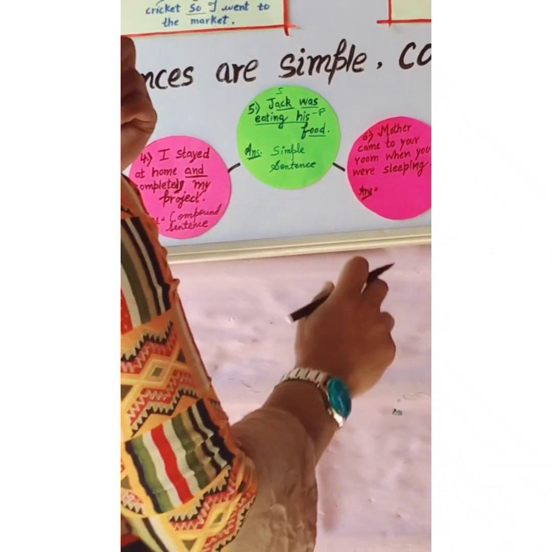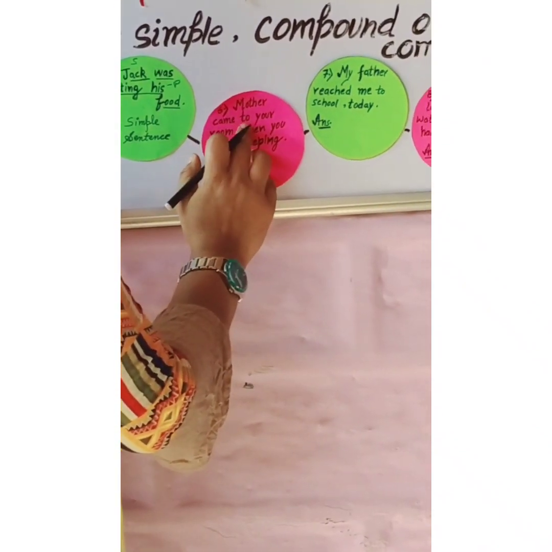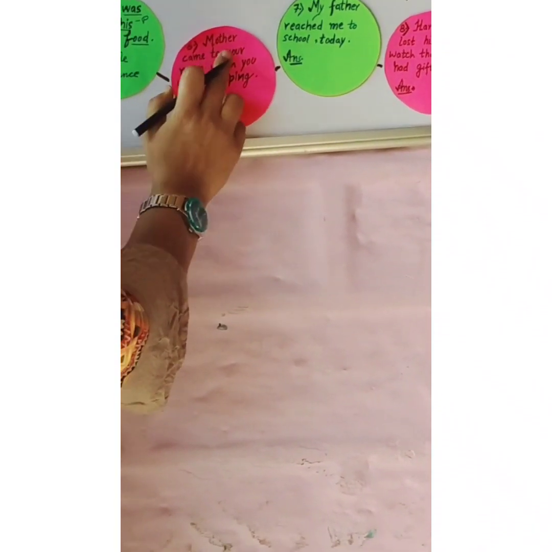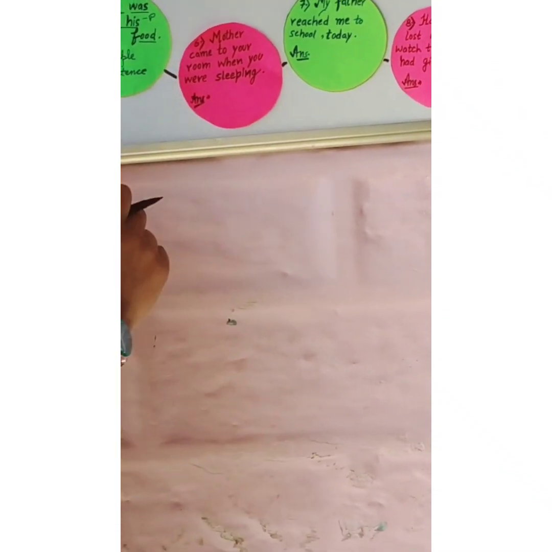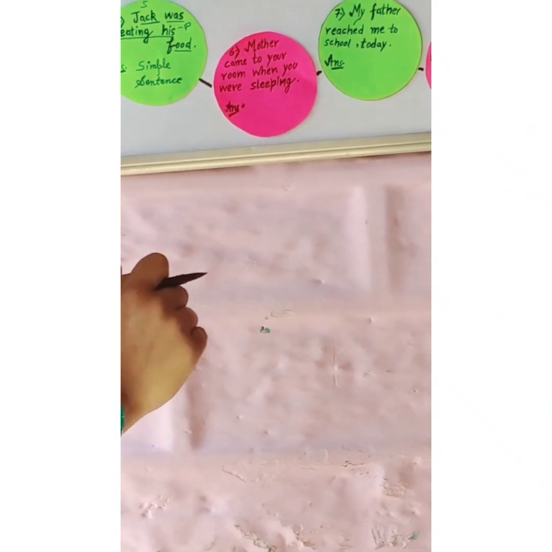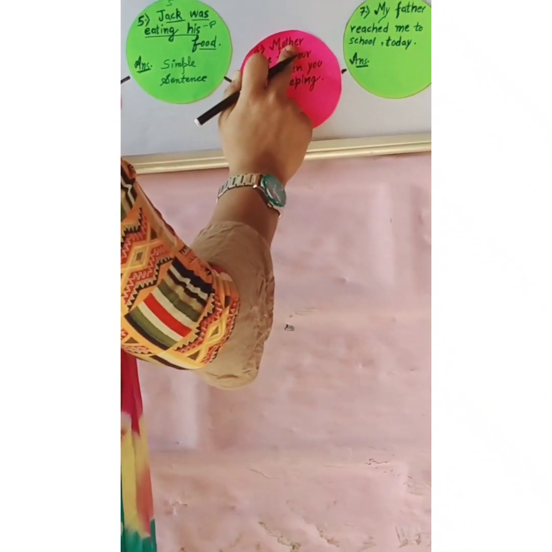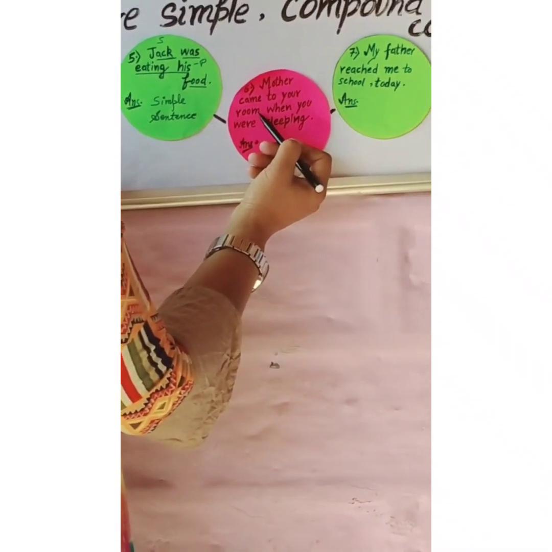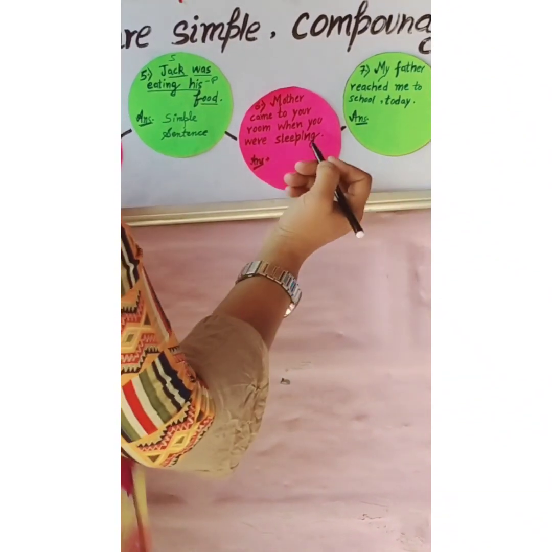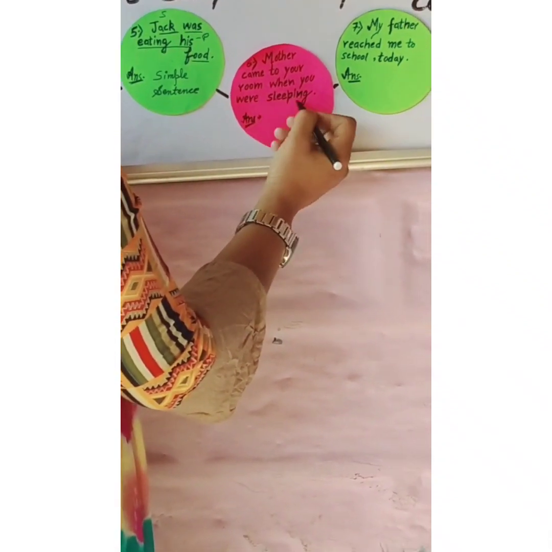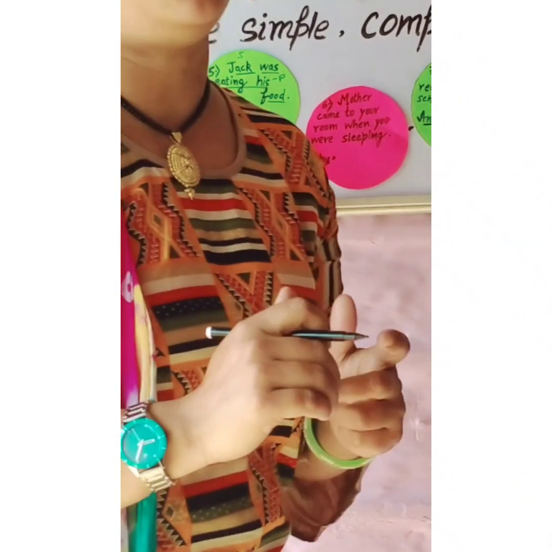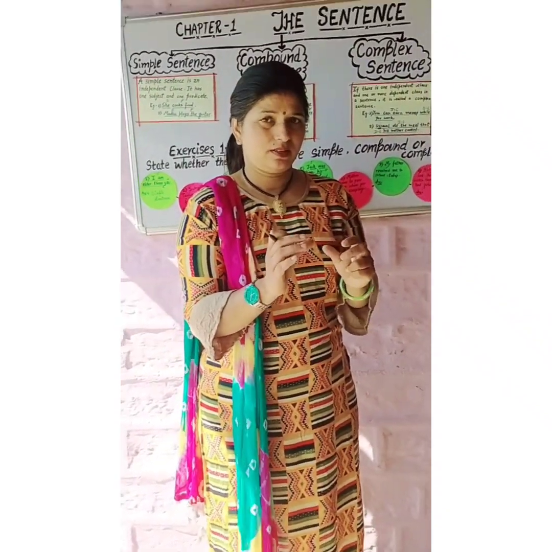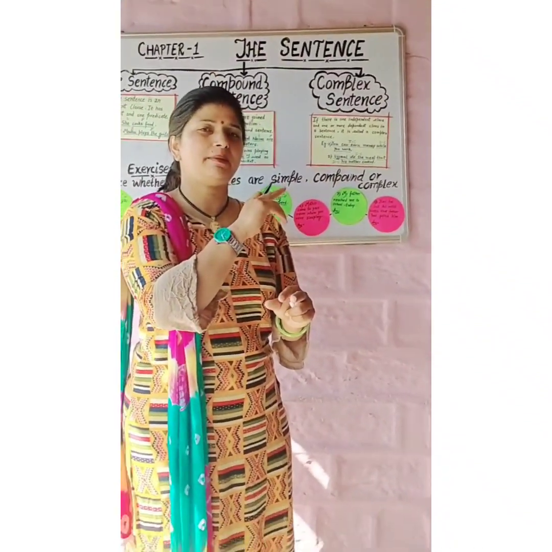Now see my dear students, see the sixth one. Mother came to your room when you were sleeping. Here it is a little tough. We are talking about mother. Mother came to your room is an independent clause. But if I say "when you were sleeping", is it making any sense? No. So to complete this clause you need the help of an independent clause.